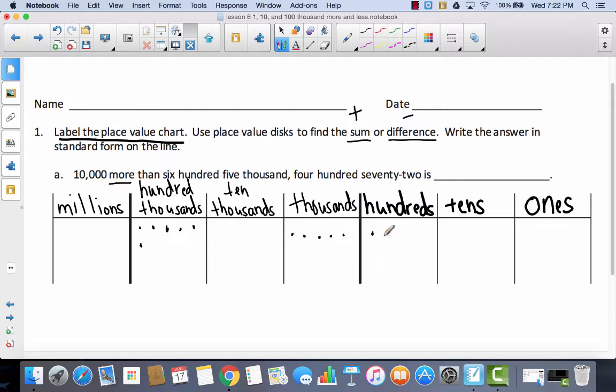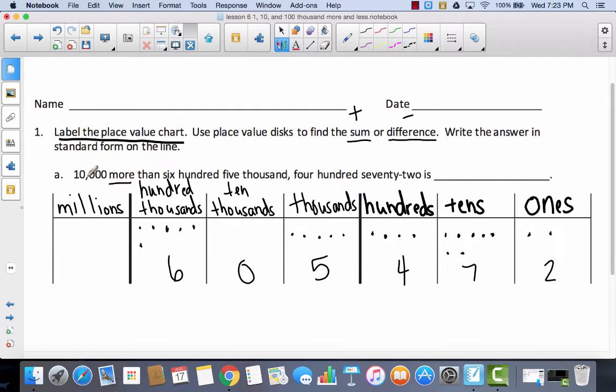Then 400s: 1, 2, 3, 4. Then 72, so that will be 7 tens, 2 ones. So I've got 600,000s, no 10,000s, 5,000s, 400s, 7 tens, and 2 ones.